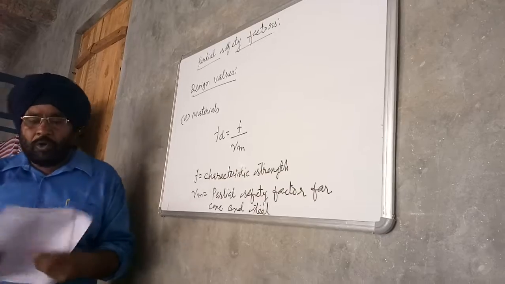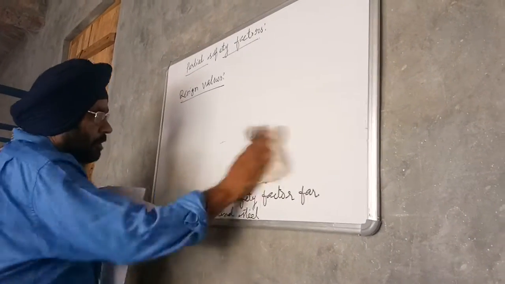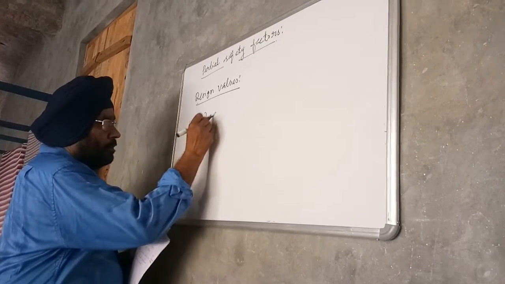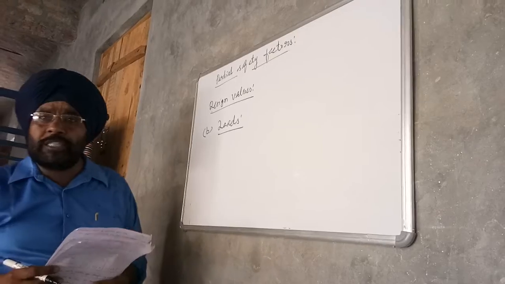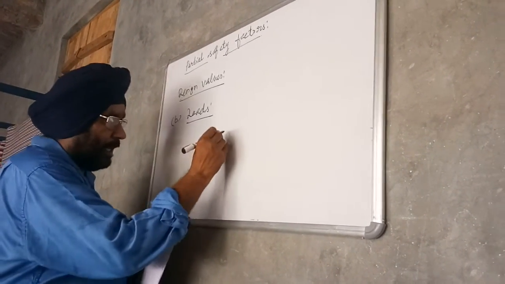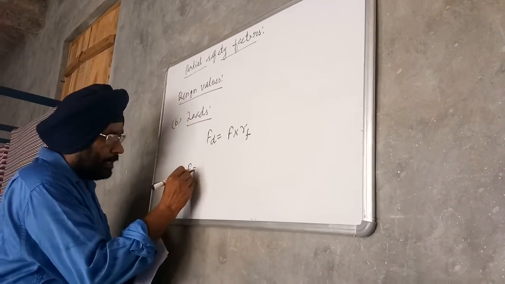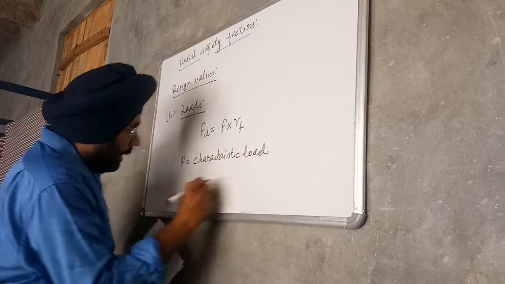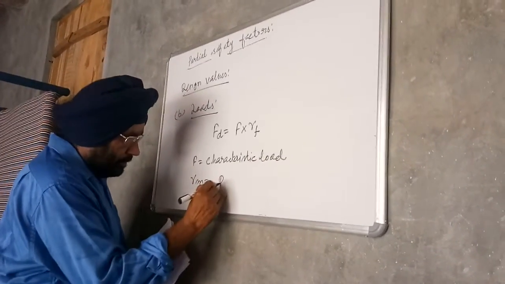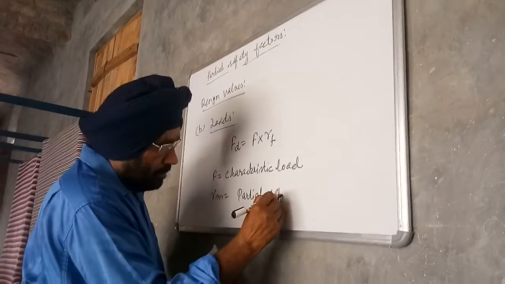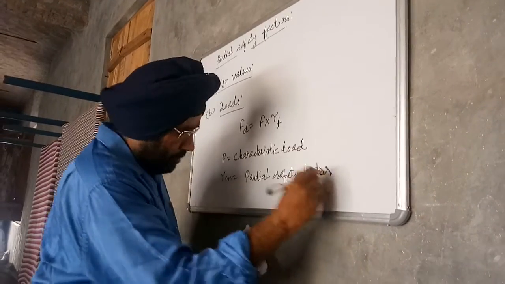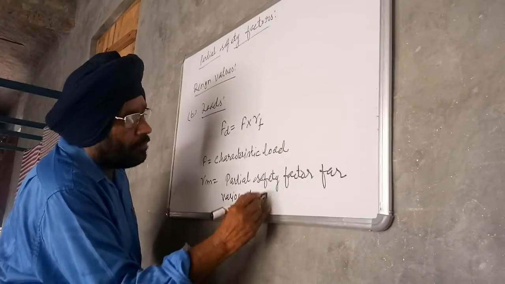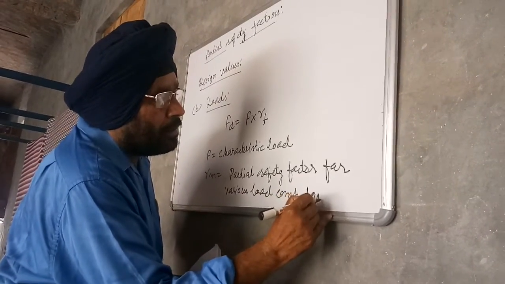So then loads. The design load is given by, so Fd is design load, and design load is given as F into gamma F. So F is characteristic load, and gamma F is partial safety factor for various load combinations for different limit states.